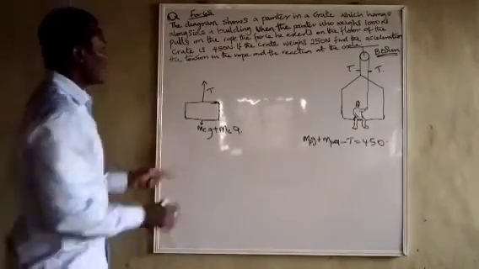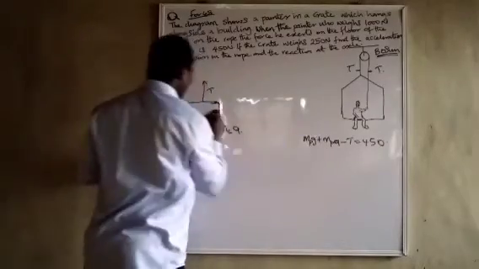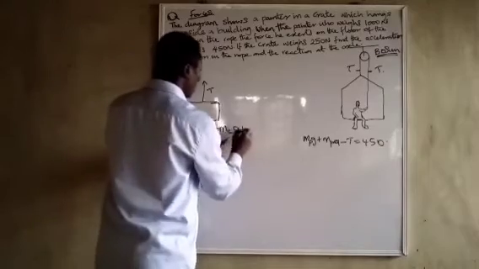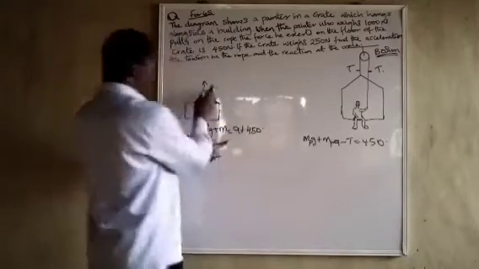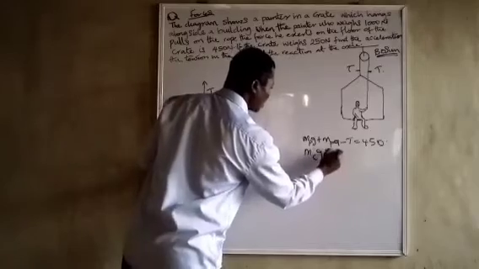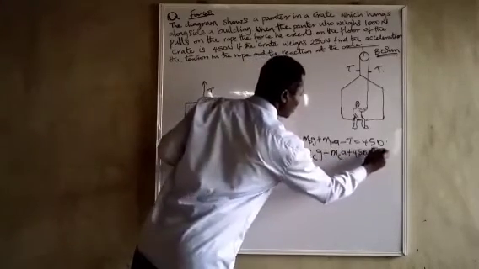But at the same time, there is an additional 450 from the weight of this man that acts on it. So we have this one plus 450. Therefore, we have MCG plus MCA plus 450 equals T.